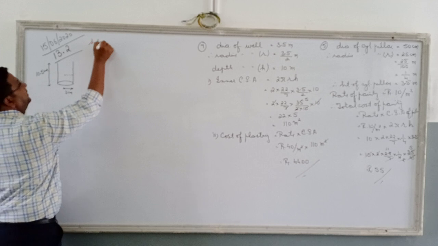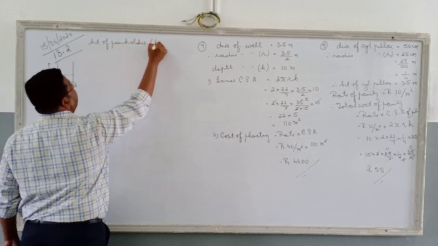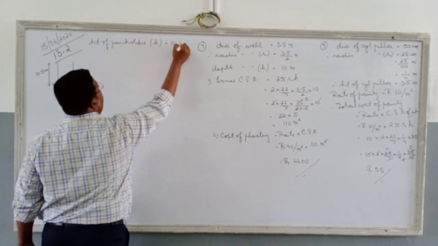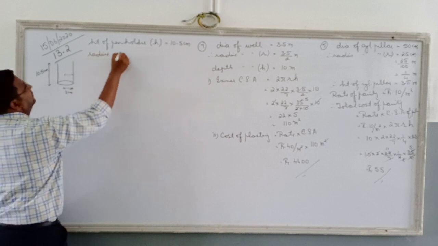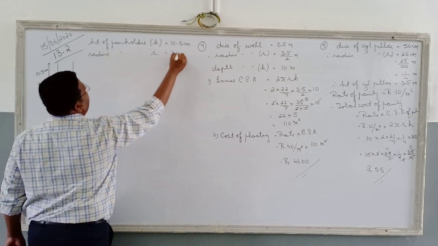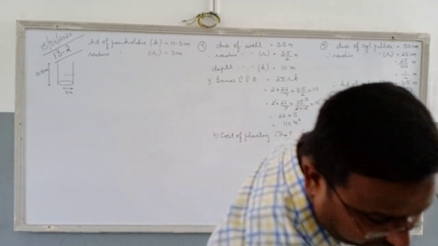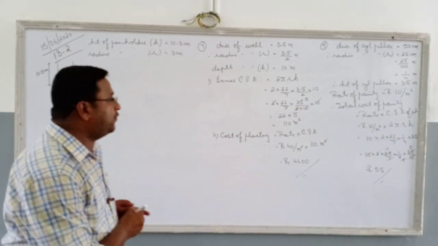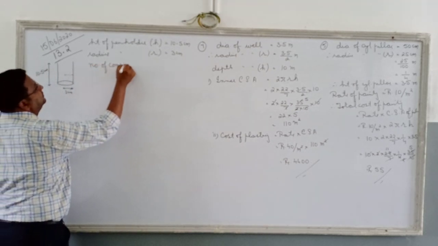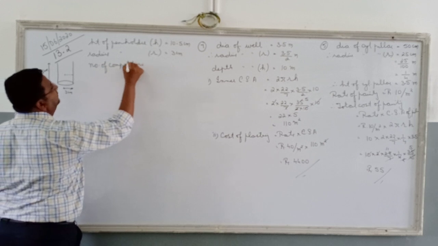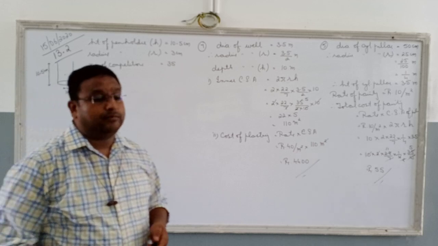Height of pen holder, that is H, is equals to 10.5 centimeter and radius of pen holder R is equals to 3 centimeter. Number of competitors. How many number of competitors are there? 35 competitors. Number of competitors is equals to 35. So how much is the cardboard required by all 35?